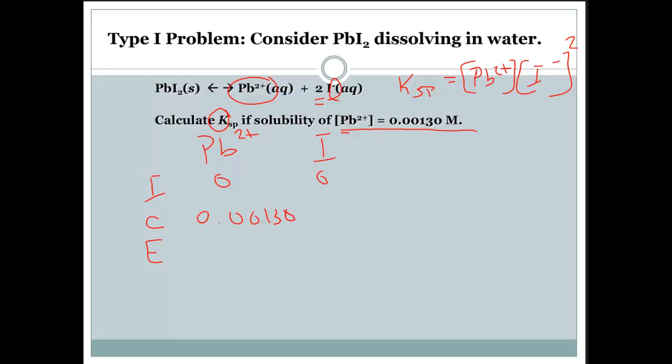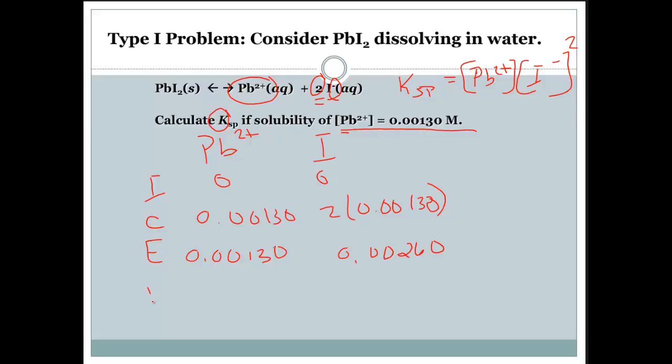Our iodine concentration, because of the 2, is 2 times 0.00130. So at equilibrium, the lead is 0.00130, and then the iodine this time is 0.00260.